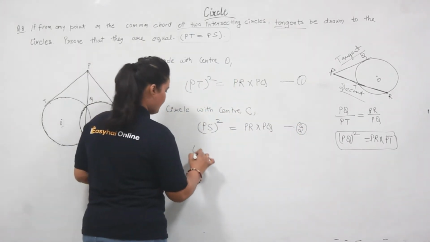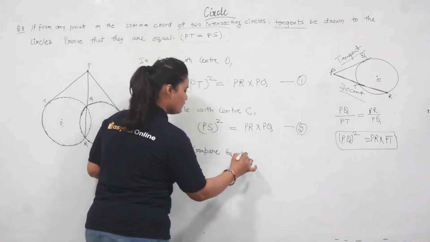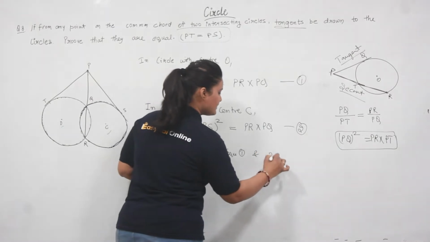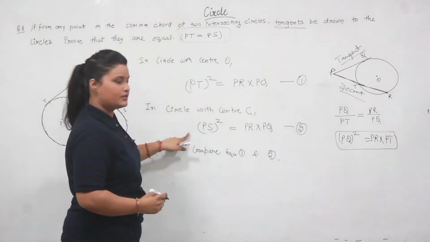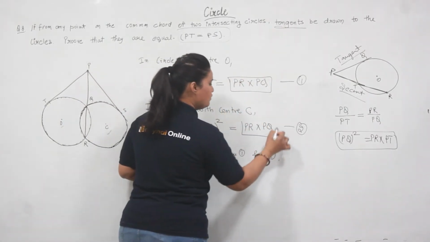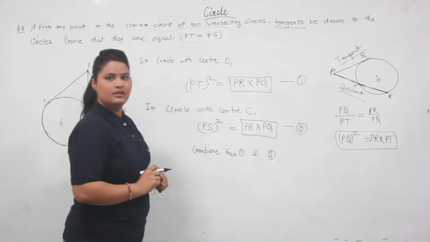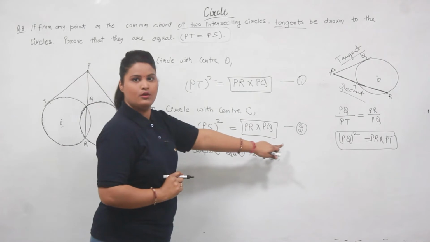Now just compare equation first and second. When I compare both the equations, the right hand side is equal in both, PR into PQ, similarly PR into PQ.